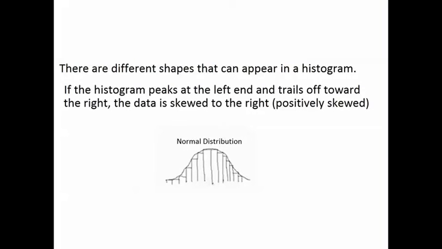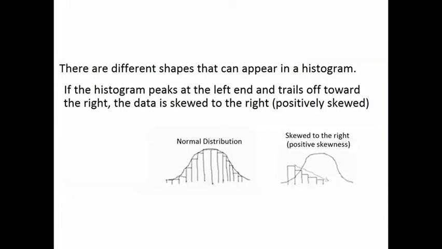If the histogram peaks too far to the left to be normal, and it gradually trails off toward the right, then you would say that the data is skewed to the right, like I said earlier. And the technical word for that type of shape is called a positively skewed distribution, or a positive skewness.